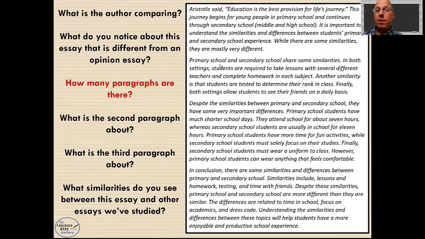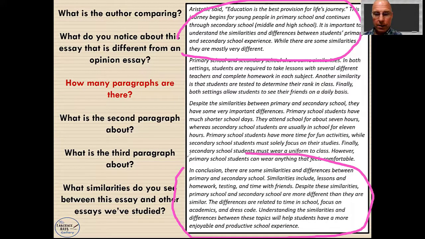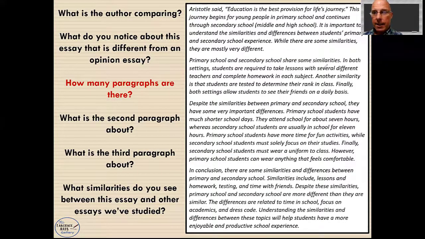As we can see, there aren't 5 paragraphs here. As I said earlier, there are only 4. We've got our introductory paragraph right here, and we've got our concluding paragraph. But instead of 3, we've only got 2 body paragraphs here. You can see in the first body paragraph, the author talks about the similarities.